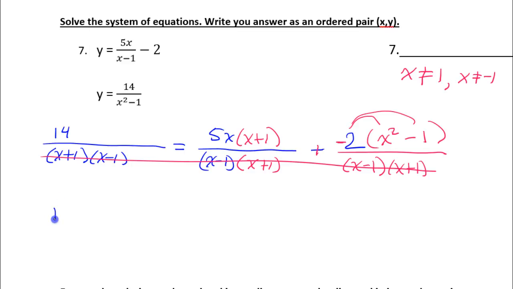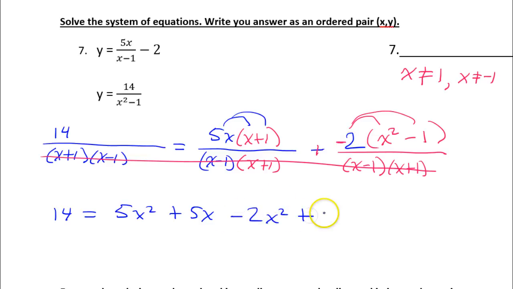So what I have now is 14 equals, and I'm going to distribute this, so that'll be 5x squared plus 5x, and then distributing the negative 2, I will have negative 2x squared plus 2. Okay, a negative times negative is a positive.